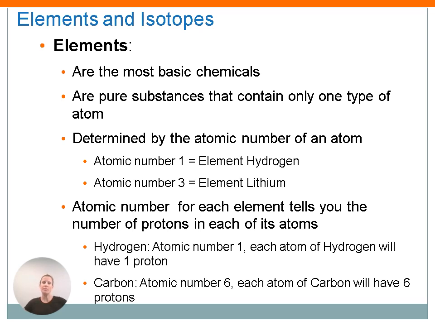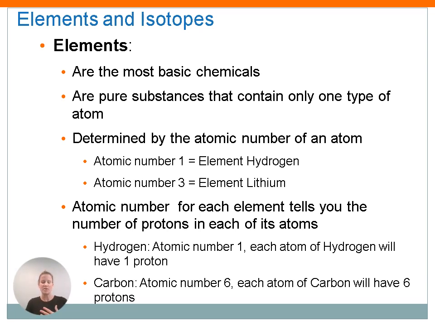Okay, so we know that everything around us, including us, is matter, and that our body, everything around us, is all made up of atoms, lots and lots of atoms. So an element is the most basic chemical that we have. It's a pure substance that has only one type of atom.